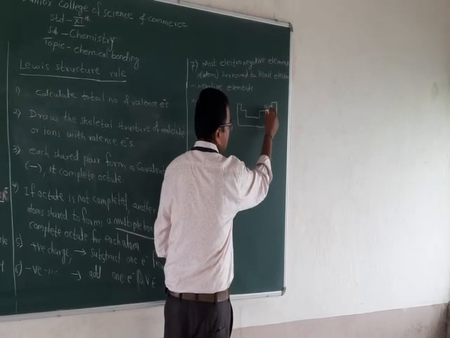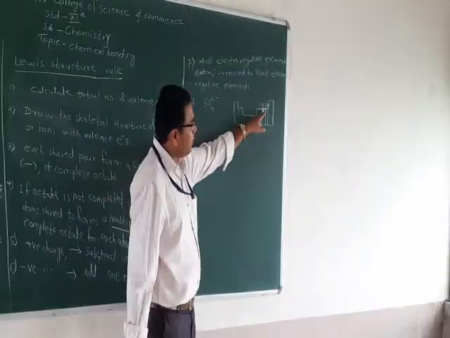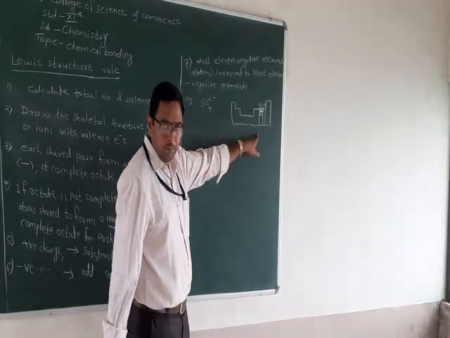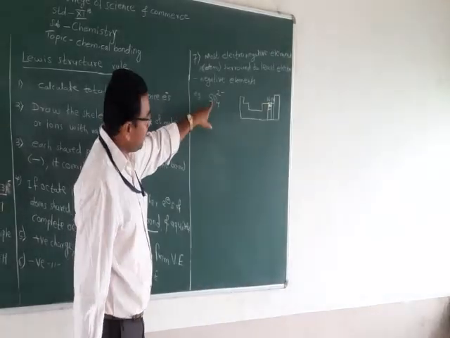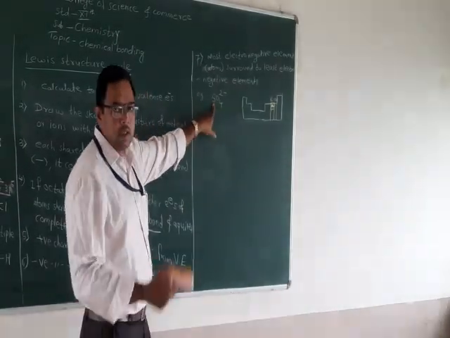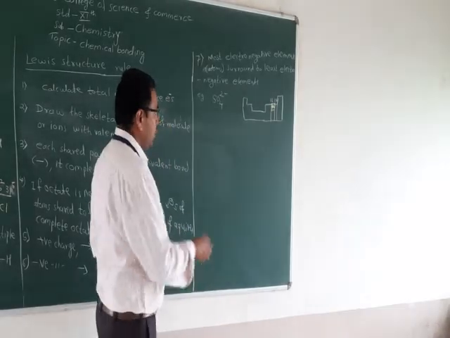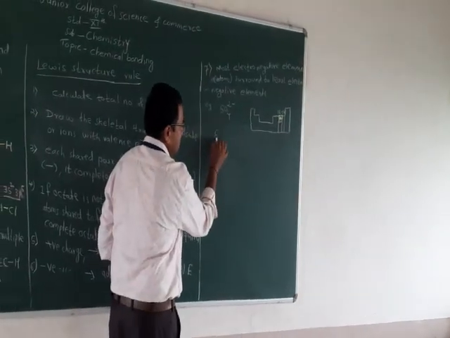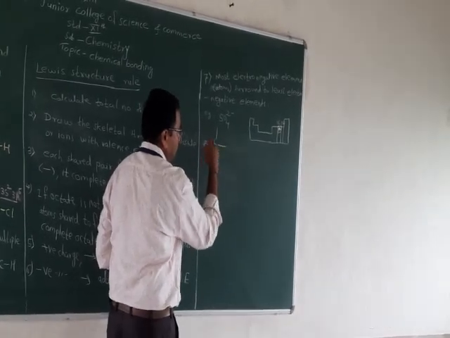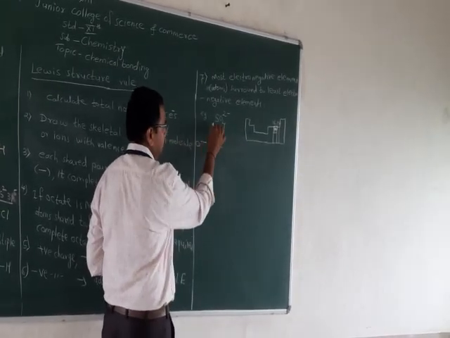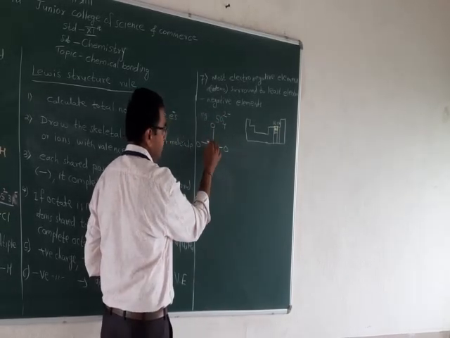We know that electronegativity decreases from top to bottom in the periodic table. Hence, in these two elements, sulfur is less electronegative and oxygen is more electronegative. Therefore, sulfur is present at the center and the 4 oxygen atoms are present surrounding the sulfur atom.